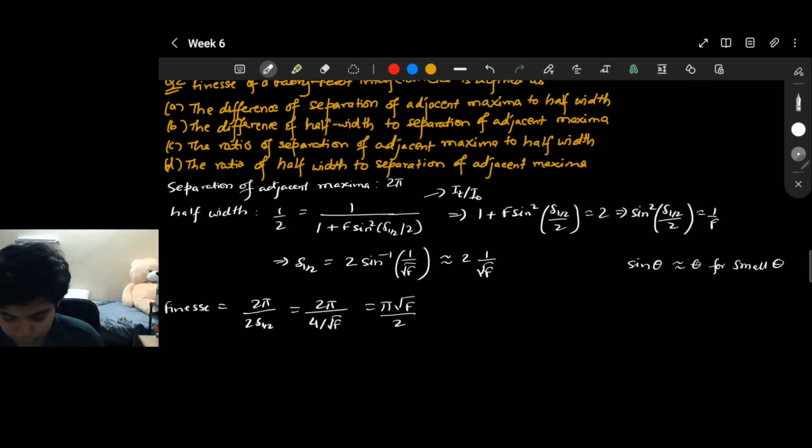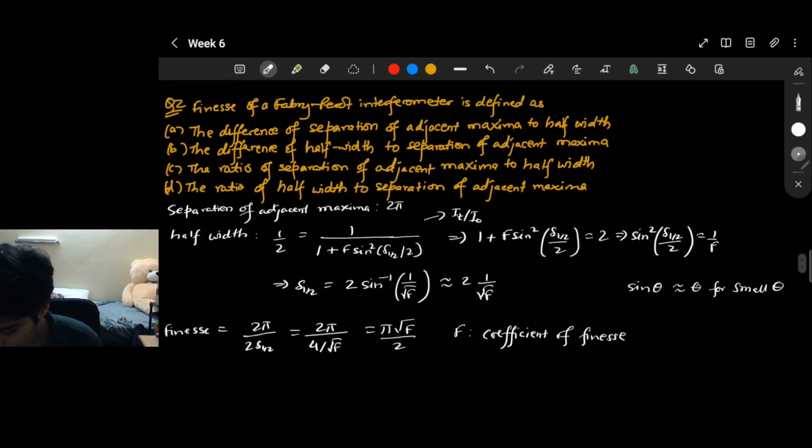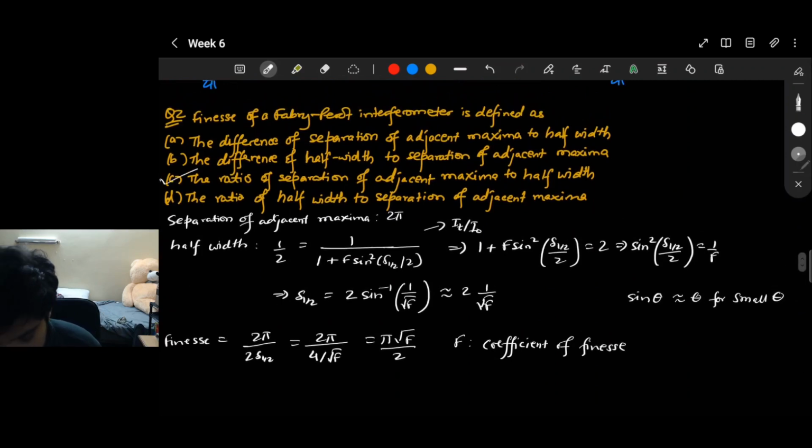Notice that finesse is not the same as coefficient of finesse. So f over here is coefficient of finesse, and although they are proportional, they are not the same. So the correct option is option C, ratio of separation of adjacent maxima to the half width. Or rather it is kind of full width because it is 2 times the delta half.